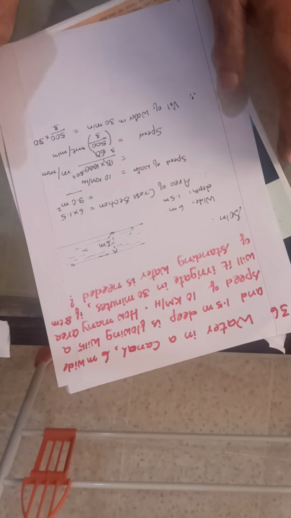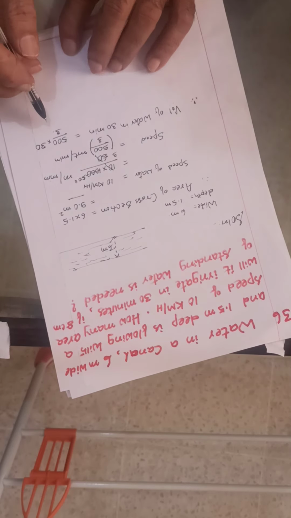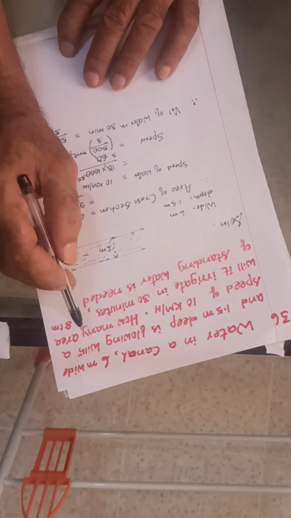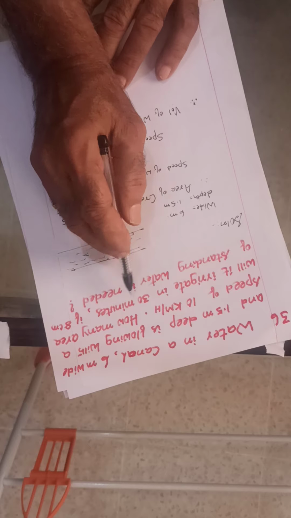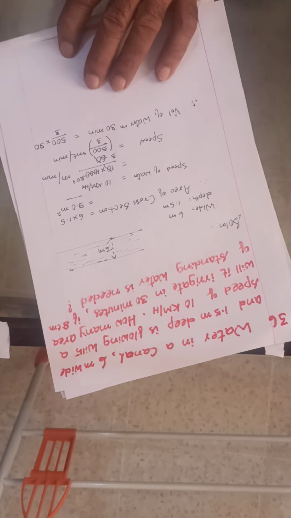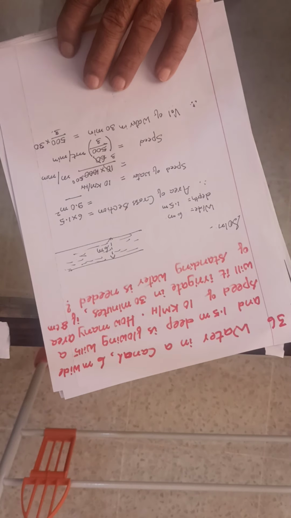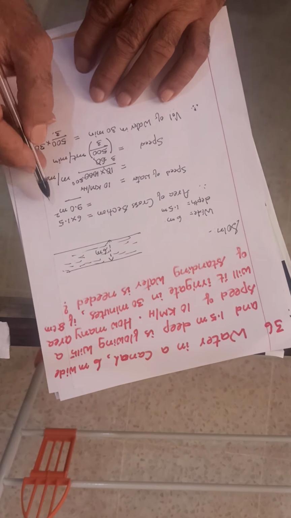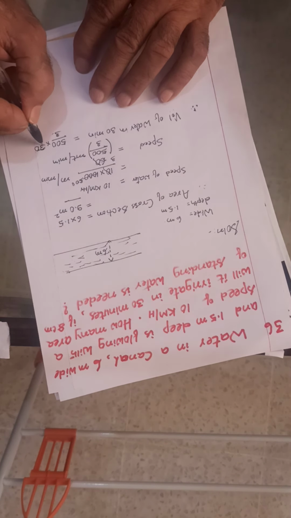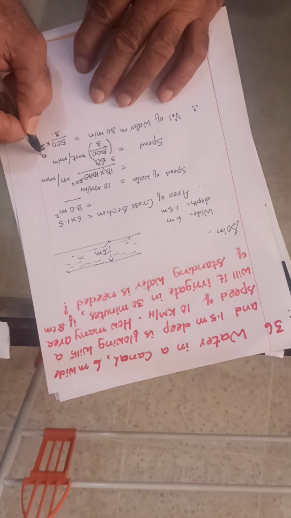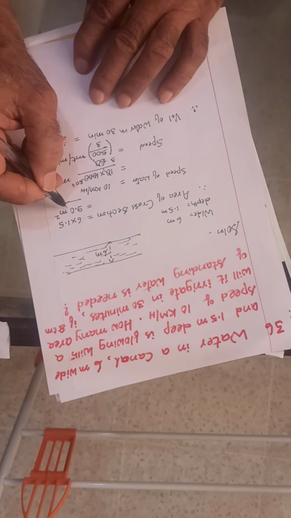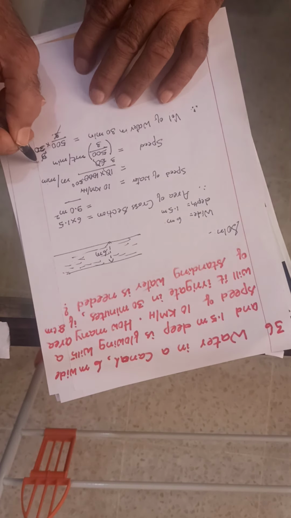Now, volume of water 500 by 3 into, not 30 minutes, I say, 9. Sorry. You have to multiply the speed into the area of cross section, that means into 9. Now divide by 3.